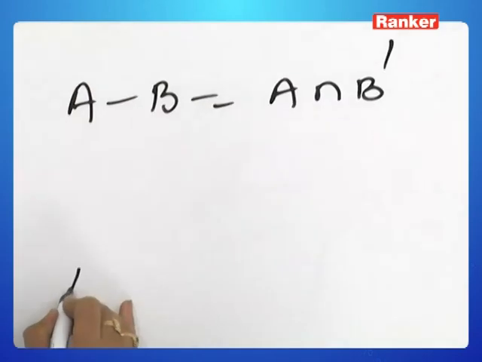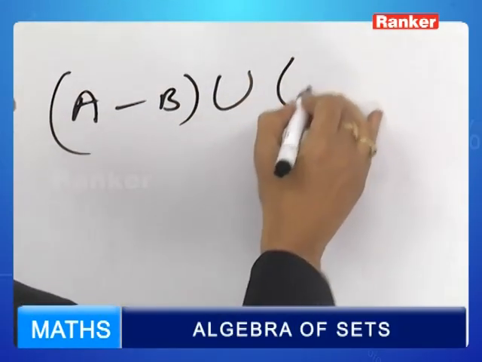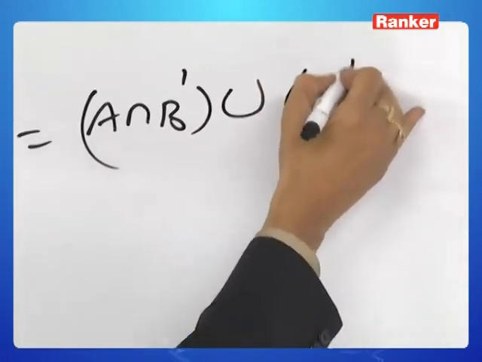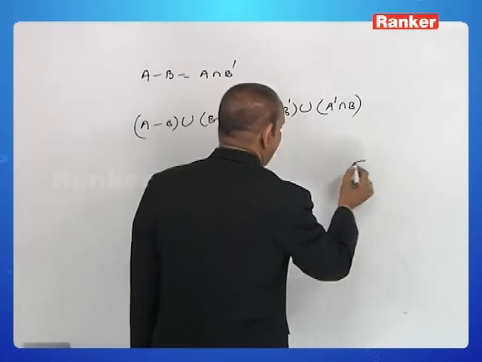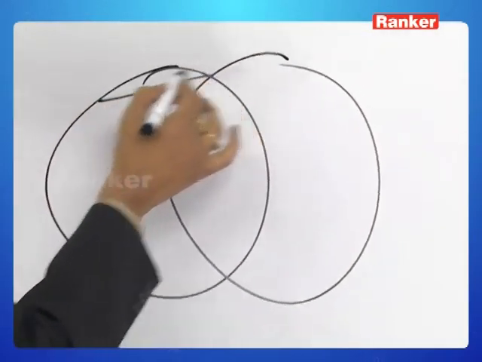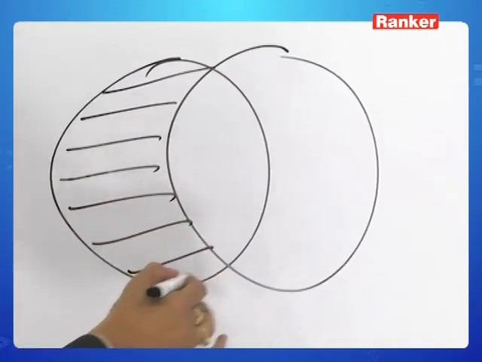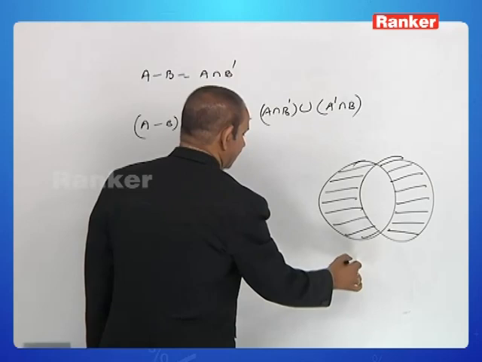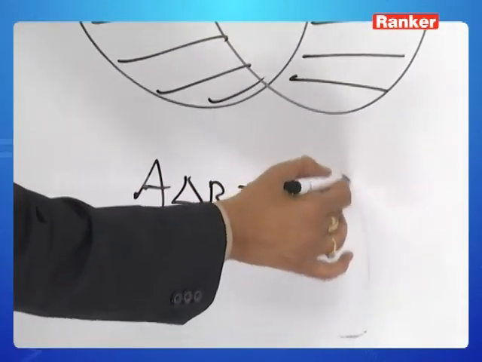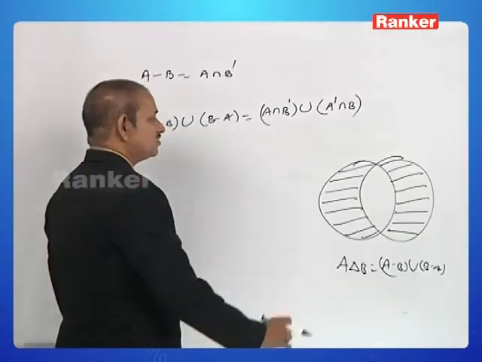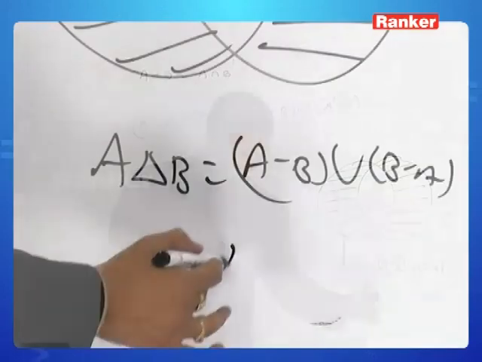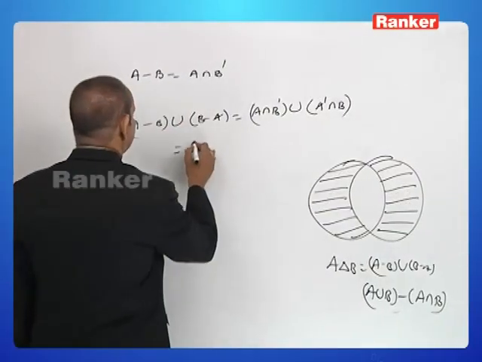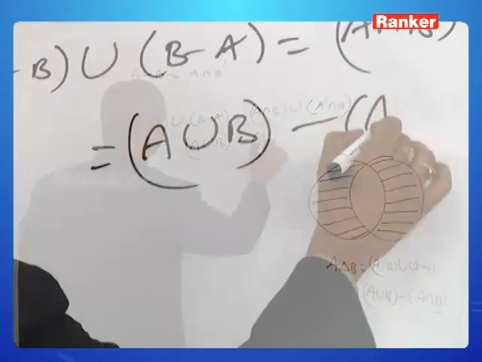Basing on this, A minus B union B minus A can be taken as A intersection B dash union A dash intersection B. Well, if you have the diagram, this is A, this is B, this is of course A minus B, this is of course B minus A. A delta B is equal to A minus B union B minus A. We know, of course, this shaded region can again be observed as A union B minus A intersection B, isn't it?